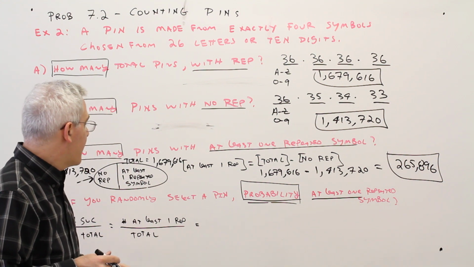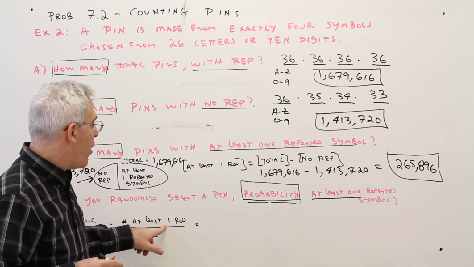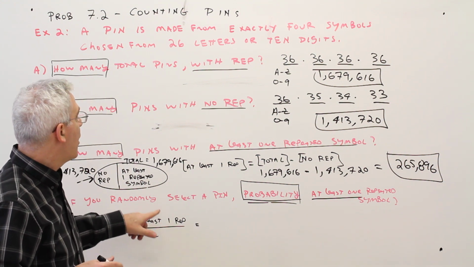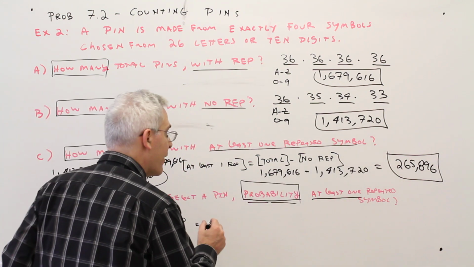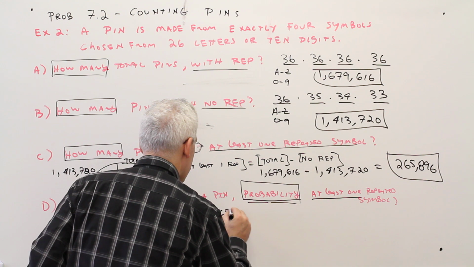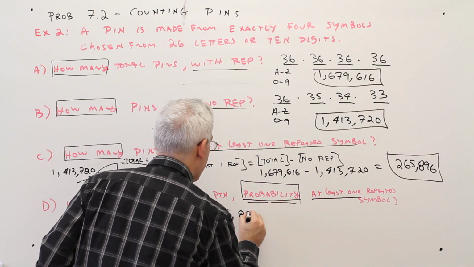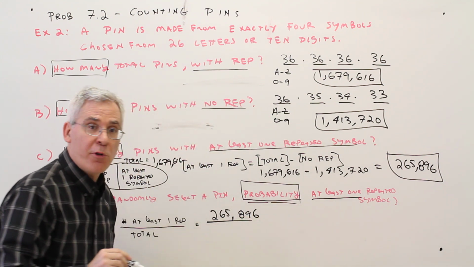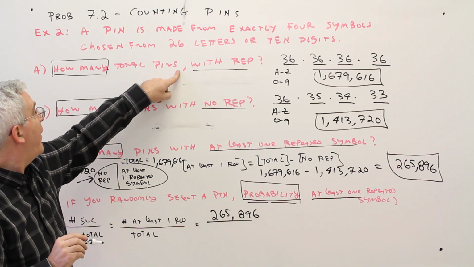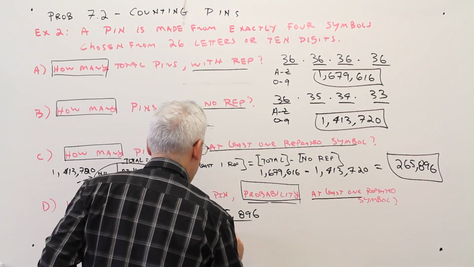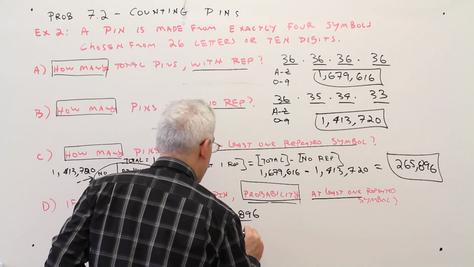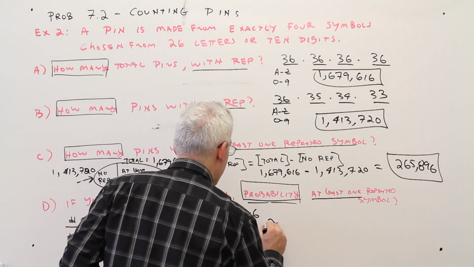All right, so the number of at least one repetition, I think we got that right here: 265,896 over the total possible, which I believe we did up here: 1,679,616.